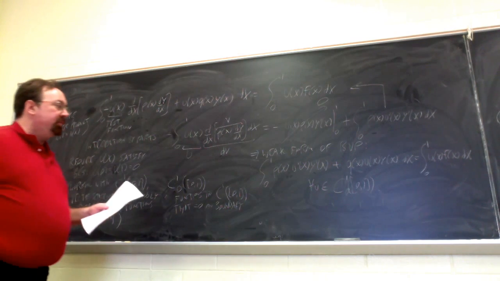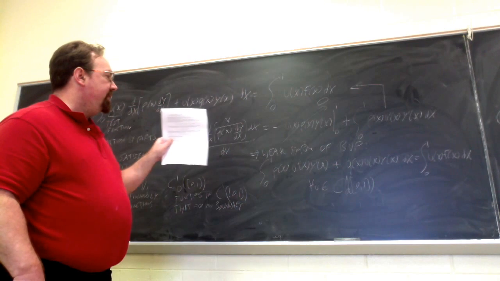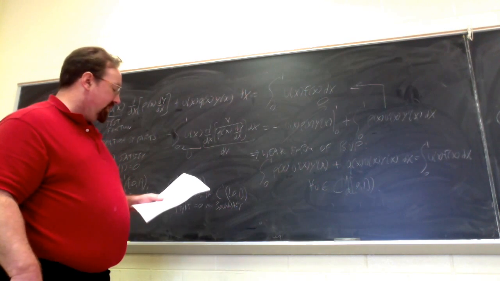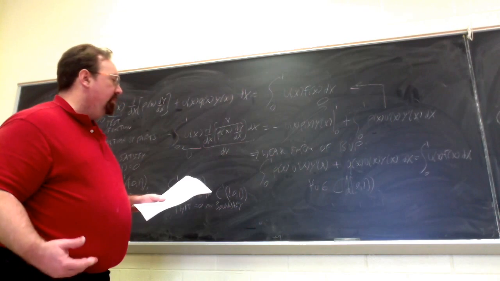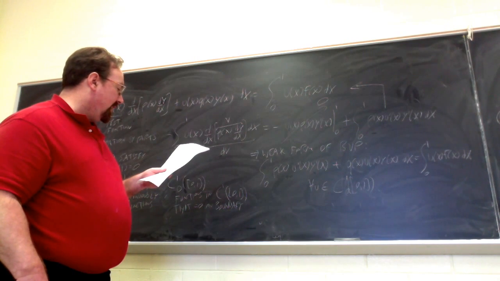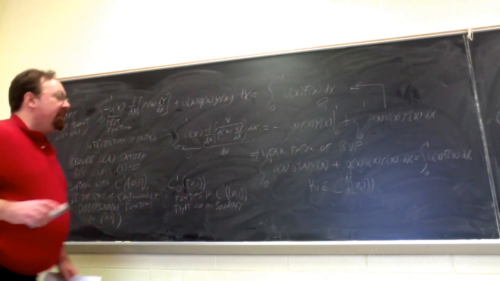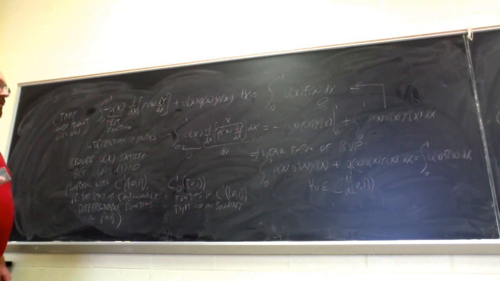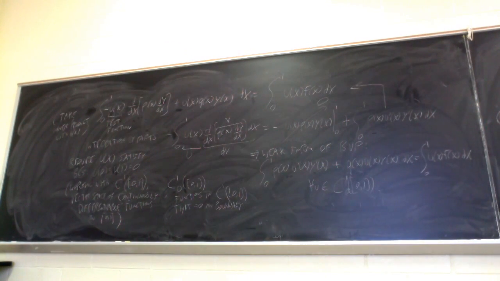It turns out that this equation is satisfied if and only if y is the solution of a minimization problem. So I'm going to describe the minimization problem that y solves.